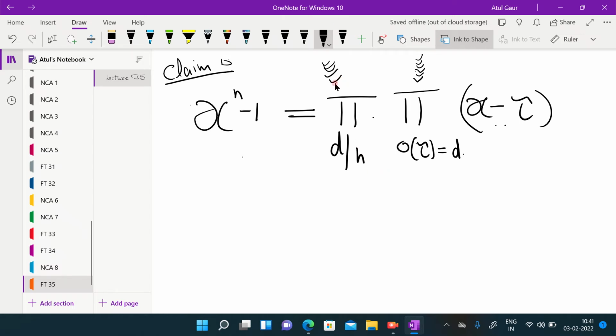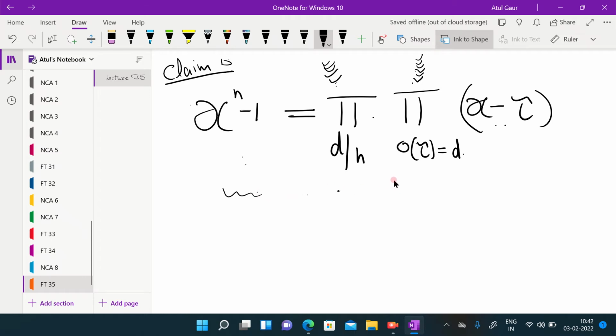The first product runs over all positive divisors of n, the second product runs over all the elements of that field whose multiplicative order is d. That means the second product is running over all primitive dth roots of unity for every divisor d of n, right? So that's how the expression is. So I want this equality to hold.